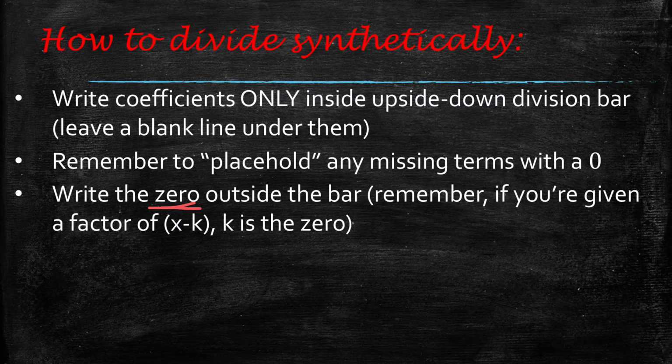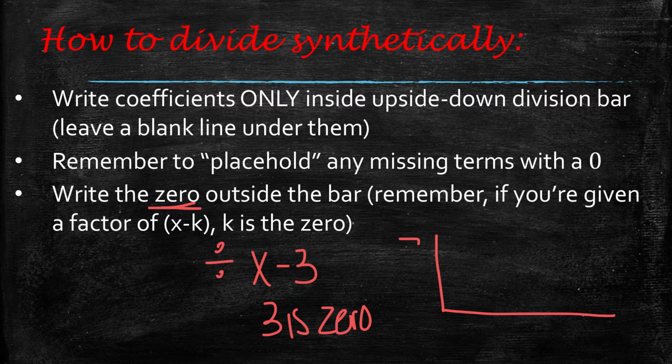Remember, if you're given a factor of x minus k, k is the 0. So if we're going to divide it by, let's say, x minus 3, then 3 is your 0. And so that's what's going to go on the outside of the bar. Okay, you'll put that on the outside there.